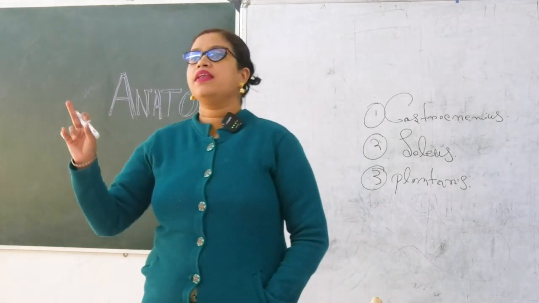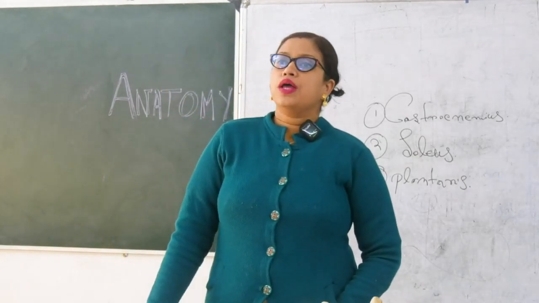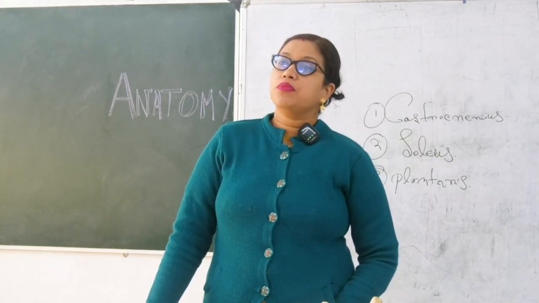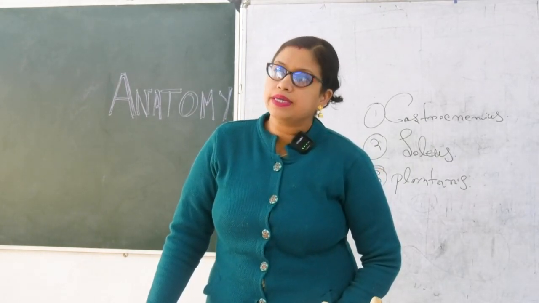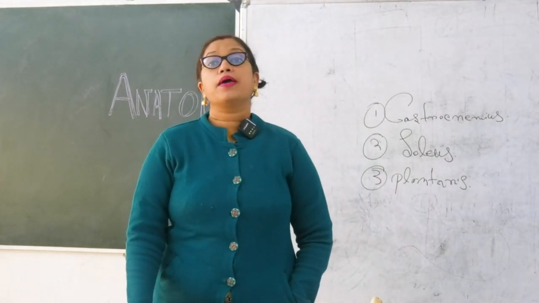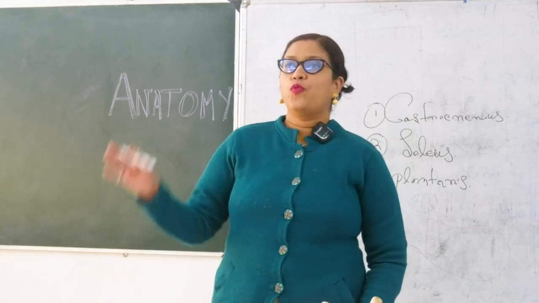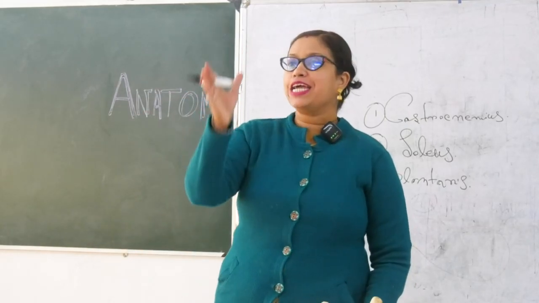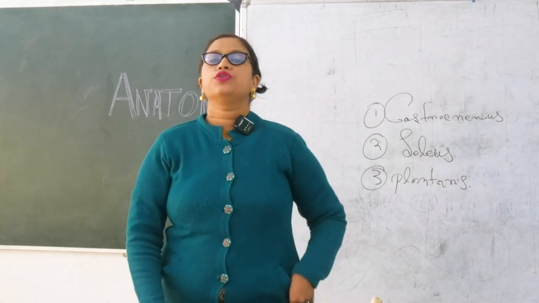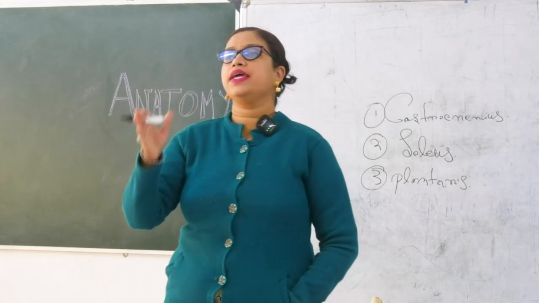Then what about flexor digitorum longus? Flexor digitorum longus would be attached on the tibia. Then what about the tibialis posterior? Both tibia and fibula and the interosseous membrane.